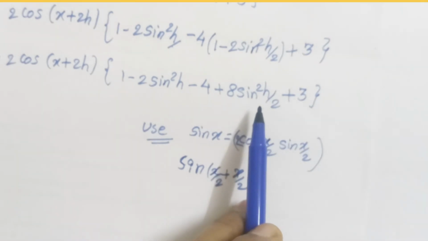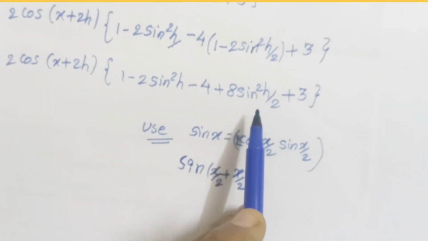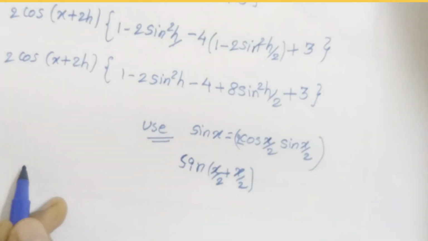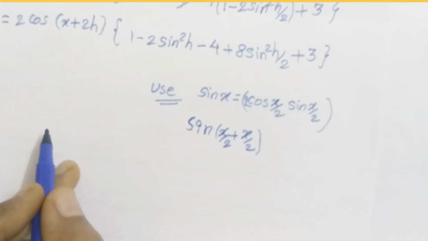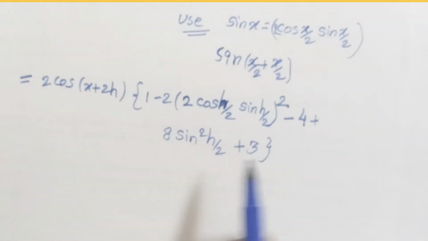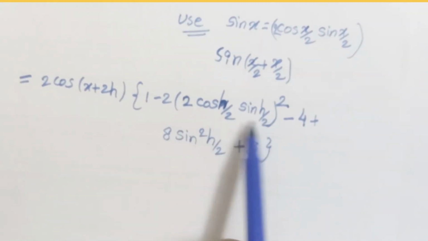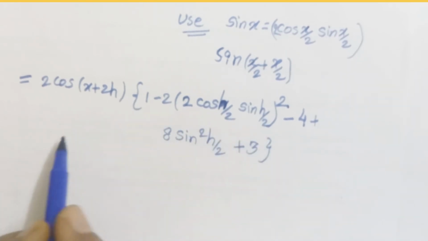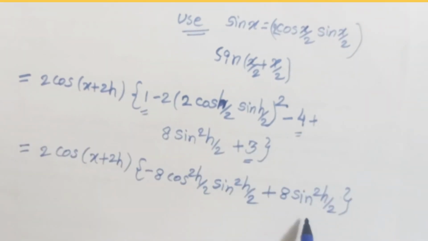It is just similar to this term, and this is required for our proof. So here we use the formula, now simplify this term. If we take the square of each term, then it is 4 cos square h by 2 sin square h by 2. Now we want the whole term in the form of sine.